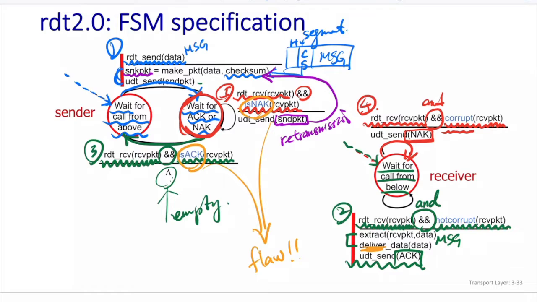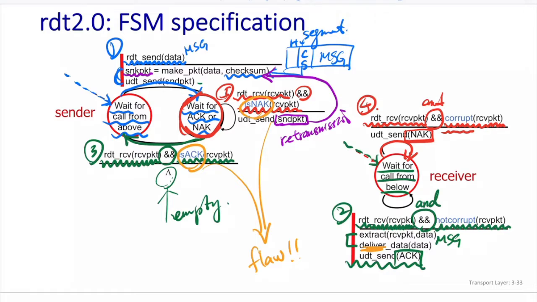However, if such an acknowledgement is corrupted, the sender cannot know whether the receiver indeed received the message correctly or not. The only way the sender can do is to retransmit the packet again, which is the purple one.